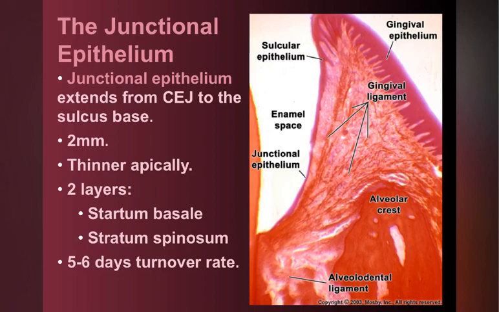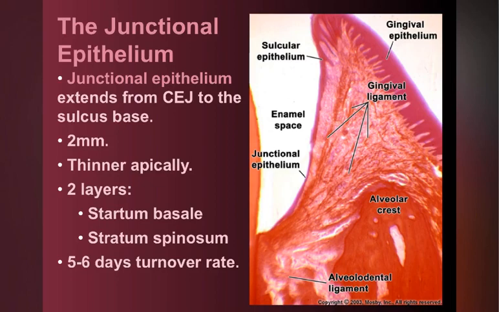It has 2 layers under the microscope. Of course, at higher magnification, you can find 2 layers of epithelia. The first layer is called the stratum basale, which is the basal cell layer, and the second layer is the stratum spinosum, which is the prickle cell layer.